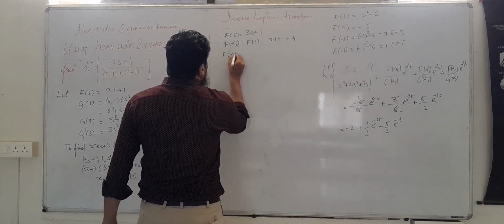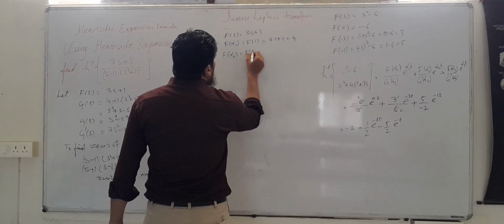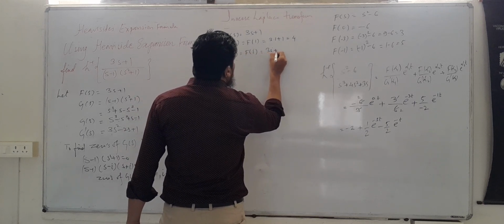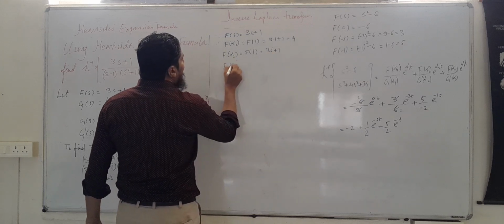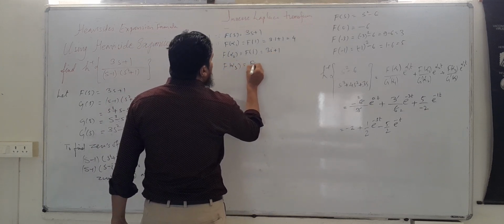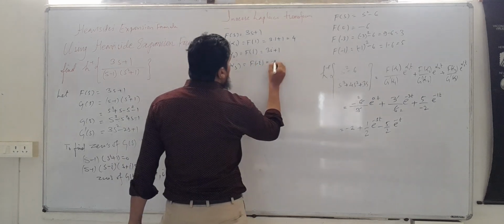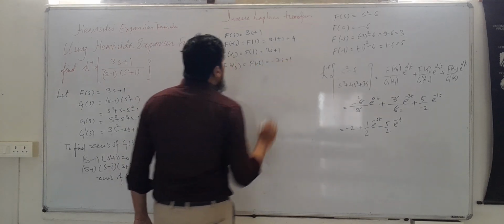F of alpha 2 means f of i, which will give us 3i plus 1, and f of alpha 3, which is f of minus i, will be minus 3i plus 1.